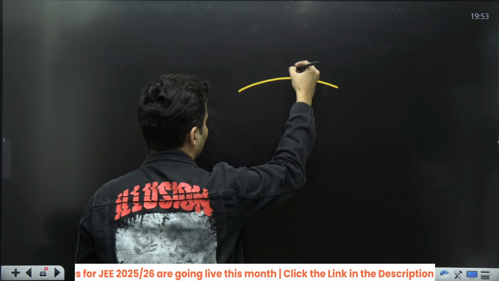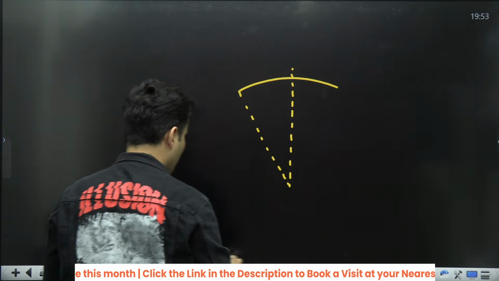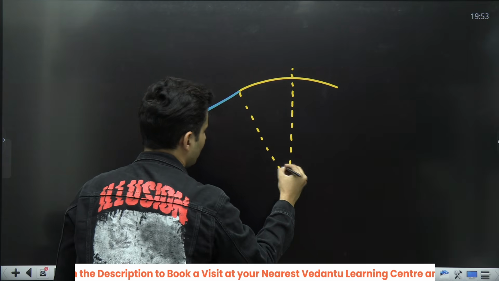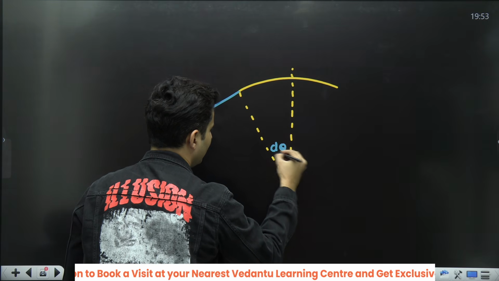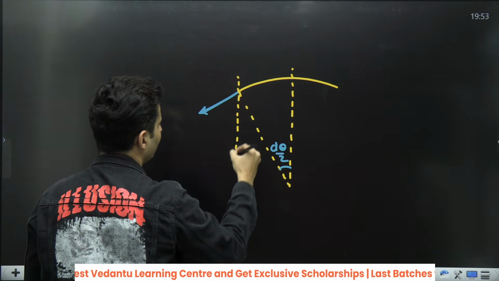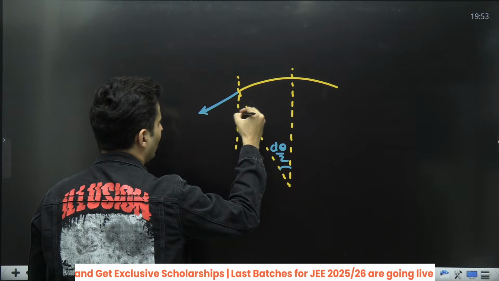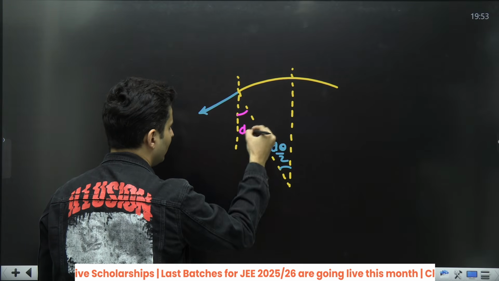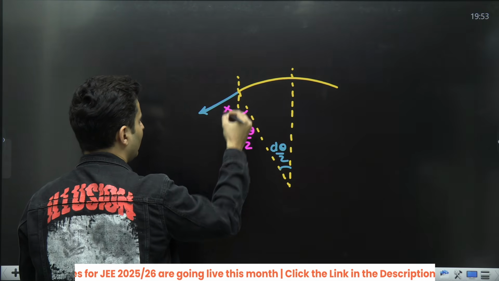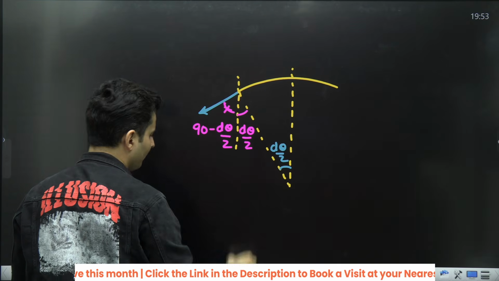So this is that arc, this is that vertical line, which was also the angle bisector, and the tension was over here. See, if this is d theta by 2, and if I draw another vertical line over here, these vertical lines are parallel. So if this is d theta by 2, alternate angles, guys, even this would be d theta by 2, correct? So this particular angle over here will be 90 minus d theta by 2.